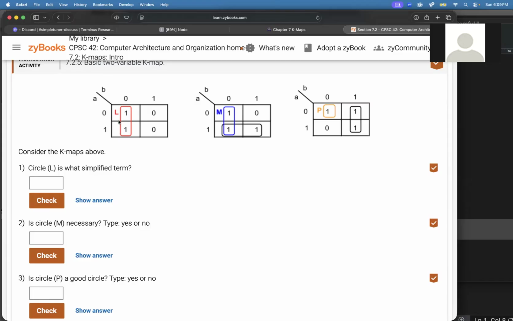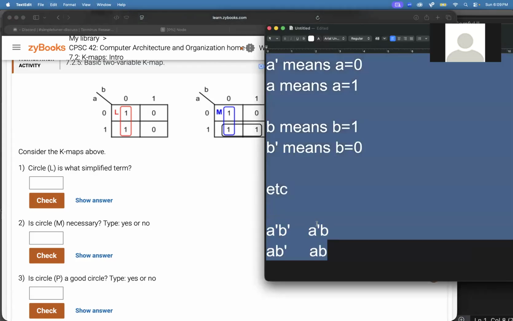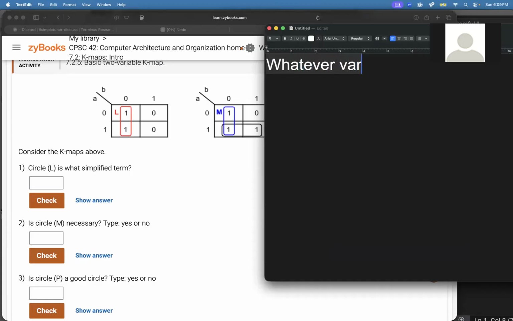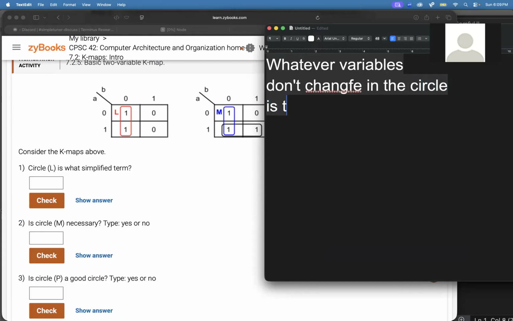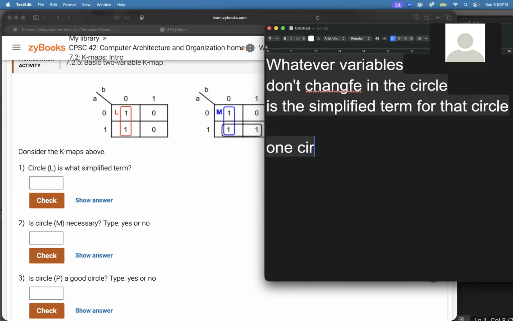The term is whatever variables do not change in the circle. That is the simplified term for that circle. One circle equals one term in the answer.